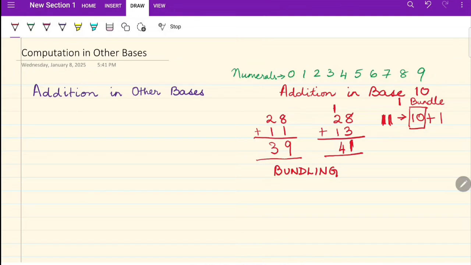If we are working in base 5, it will be bundles of 5 that gets carried over to the left. If we are working with bundles of 8 or 12 or 16, whatever base we may be working with, that's the bundle that we are going to be carrying over. In the decimal system, we work in base 10, therefore we always form bundles of 10.